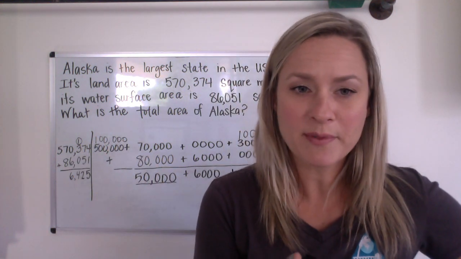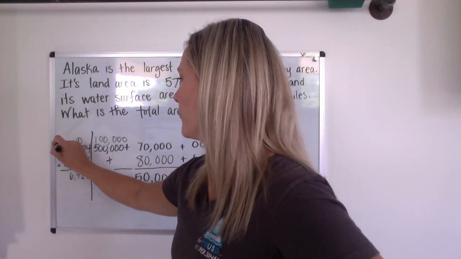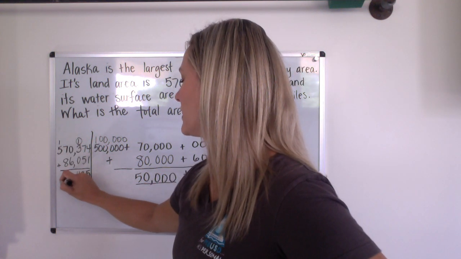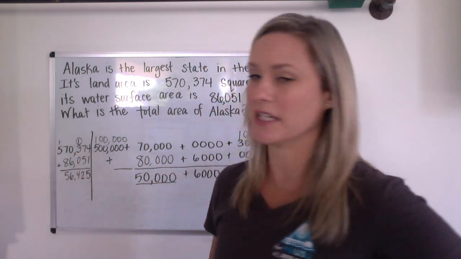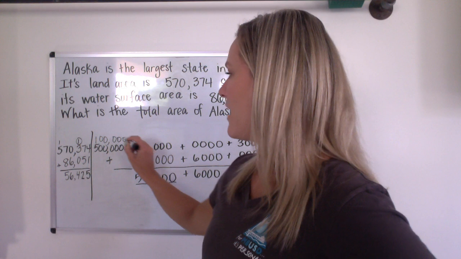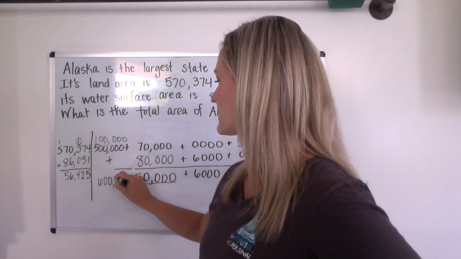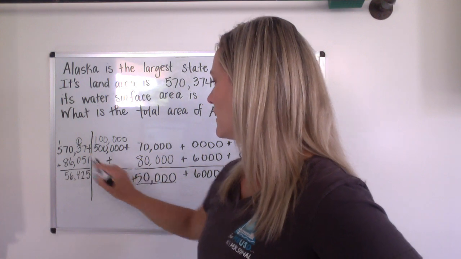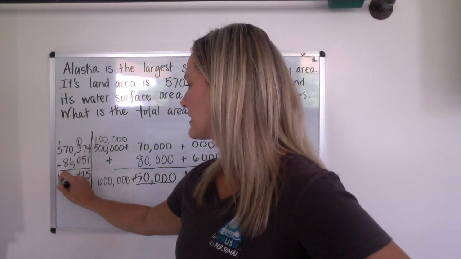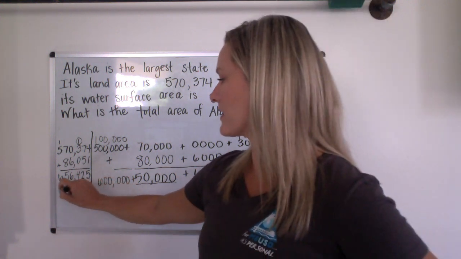So the way we represent that when we're doing this is we would write our 1 here and our 5 would go here. So that's our 15 10,000s. Okay, and now my final step is just to add these guys together. So I have 600,000, and 5 plus 1 is 6 and it's in my 100,000s place. All right, so I can see my answer is right here.